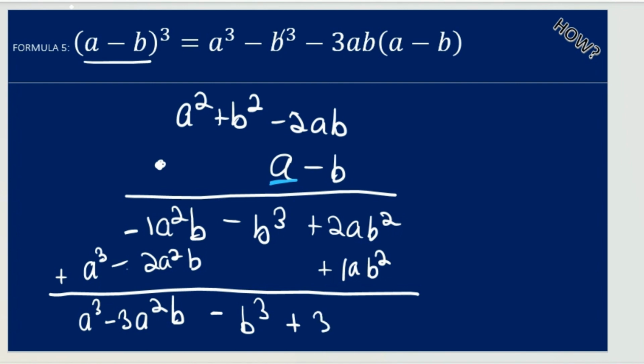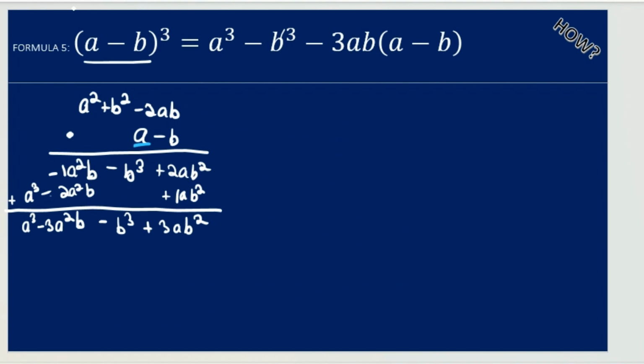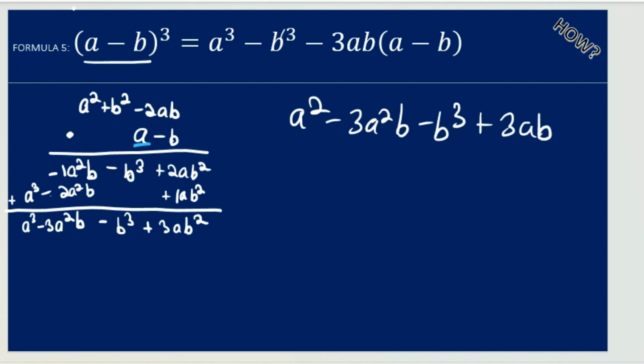So 2 plus 1 is going to be 3ab squared. There. Now the left hand side is going to be a cube minus 3a squared b minus b cubed plus 3ab squared. So this is the left hand side, not the right hand side. Now we want to make it into the right hand side. Oh, and it is a cube, not a square. Sorry about that.